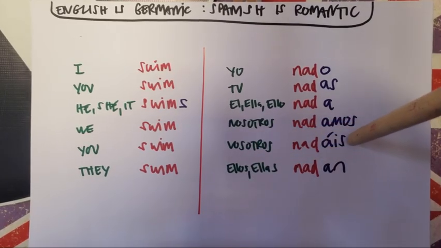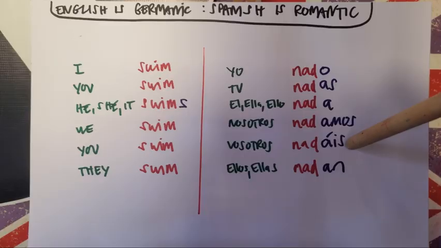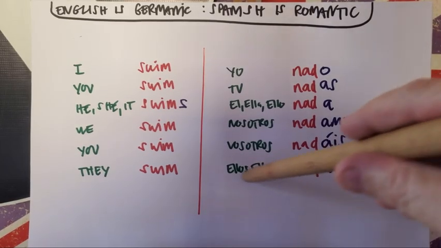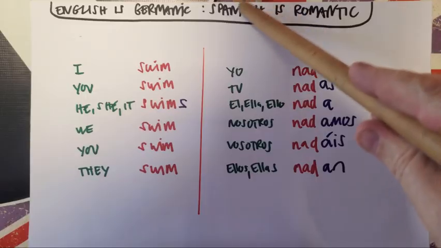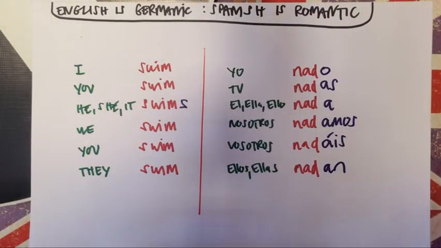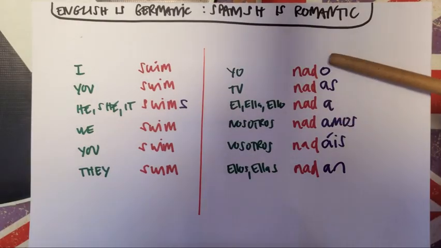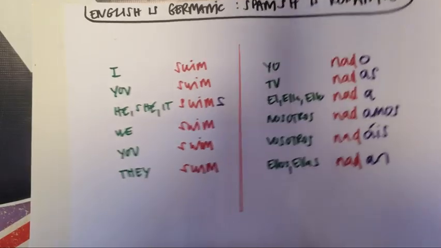The vosotros form is only used in mainland Spain, not in Latin America, where most of the Spanish in the world is spoken. And an or en for the third person plural. This is because Spanish is a Romance language. Like French, Portuguese, Italian and Romanian, the verbs have a different code, if you like.